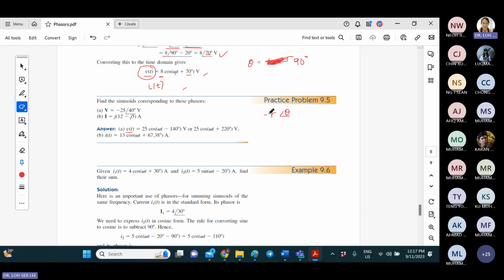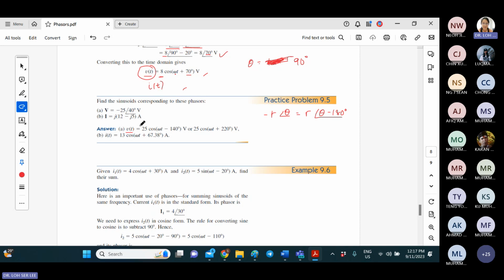If we want to change this into positive R, that means your theta must minus 180. I repeat, if you have a negative R and we want to change it into positive, this is the formula. We use theta minus 180. Then you will get a positive R. So this one we have to change into positive before we proceed.